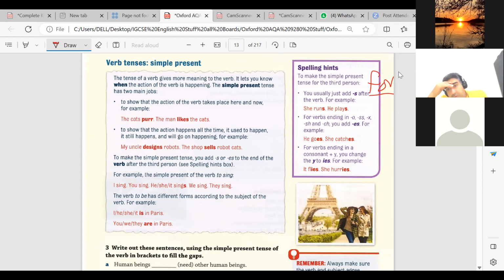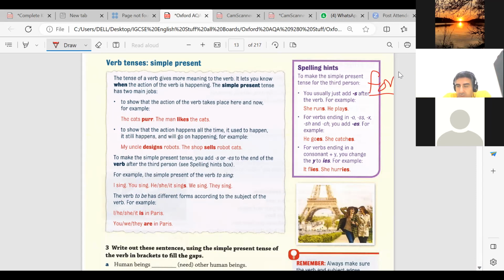Okay, number 2. Also, Khalid, you can use the simple present for facts. Exactly, for facts, for example, or habits. The earth is round. The earth rotates around the sun. Fact.